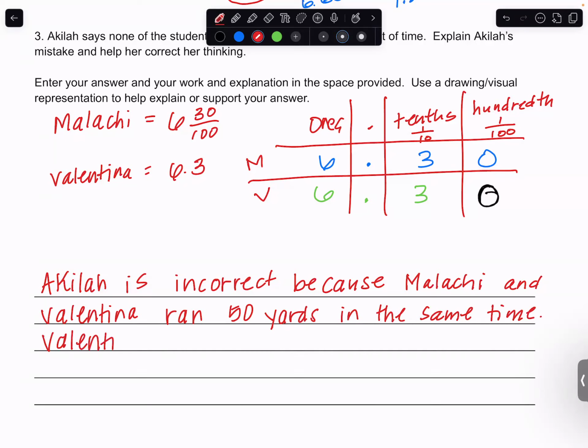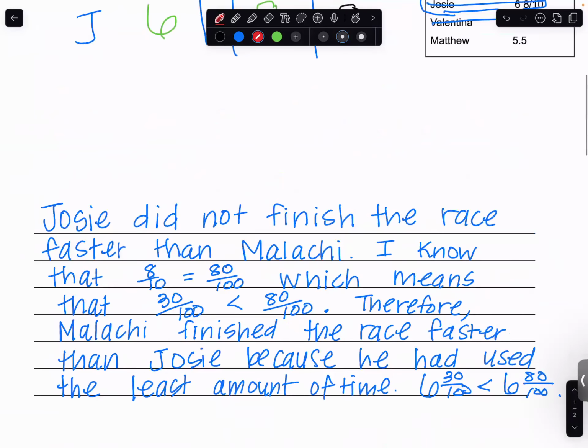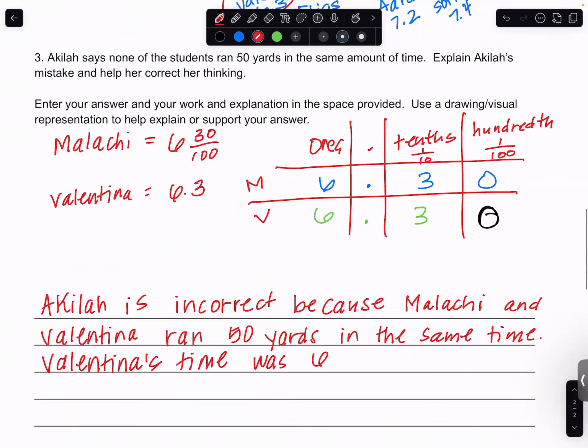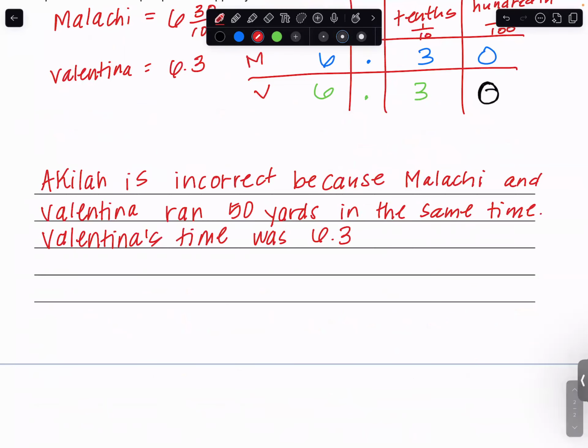Valentina's time was, let me see, was it written as a decimal? Yes. 6 and 3/10, which is also equal to 6 and 30 hundredths.